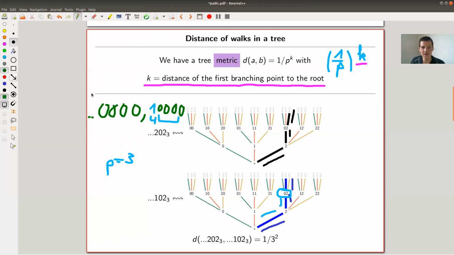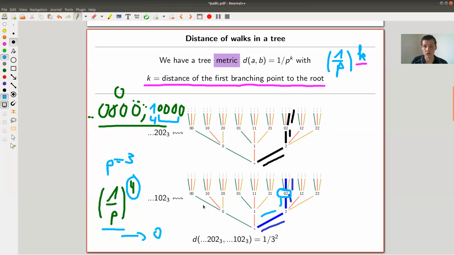So let's say p is 3, then the distance between those two things, the 0 element and this walk, no matter how it continues, would be 1 over p, so 3, to the 4. So the bigger this number k gets, of course, because I take 1 over p, the smaller this gets. So it goes to 0. So if you have a long string of zeros, this goes to 0. And you're very close to the 0 point in this tree-like number system.